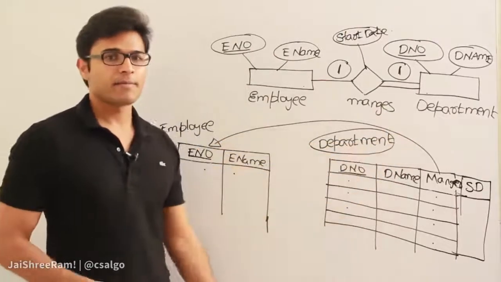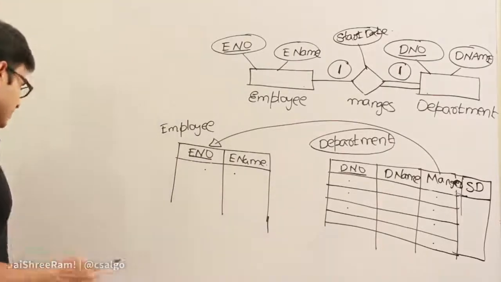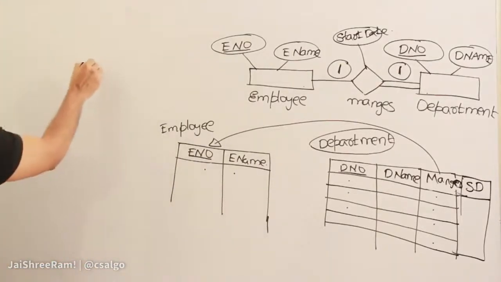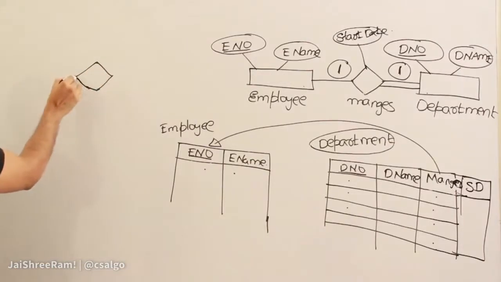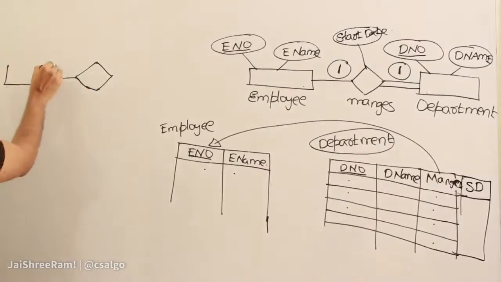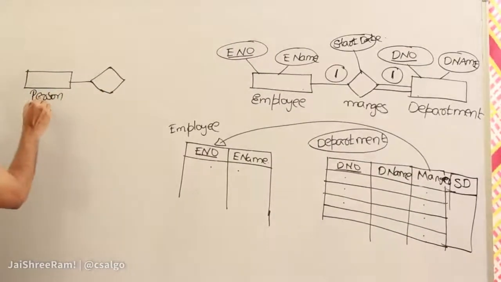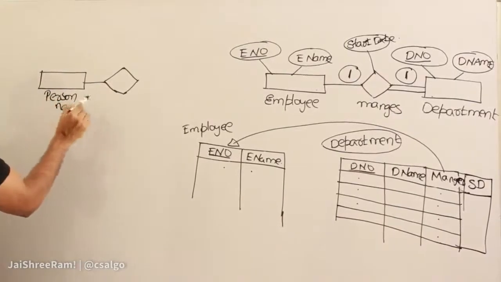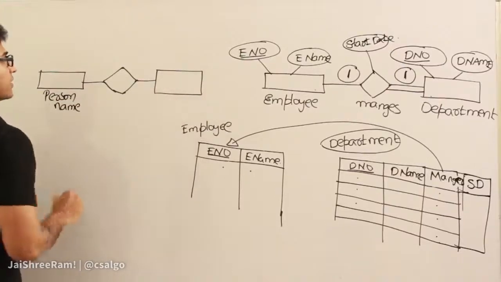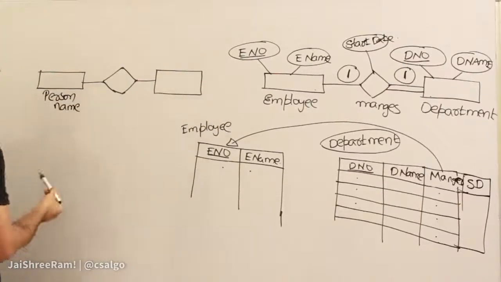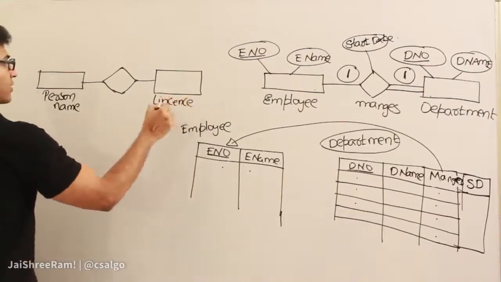Got it? Let us take one more example. Let us say there is an entity, person name, and then there is an entity which is called license card.